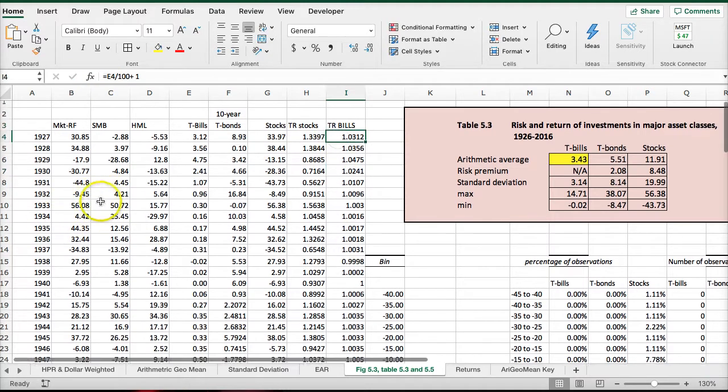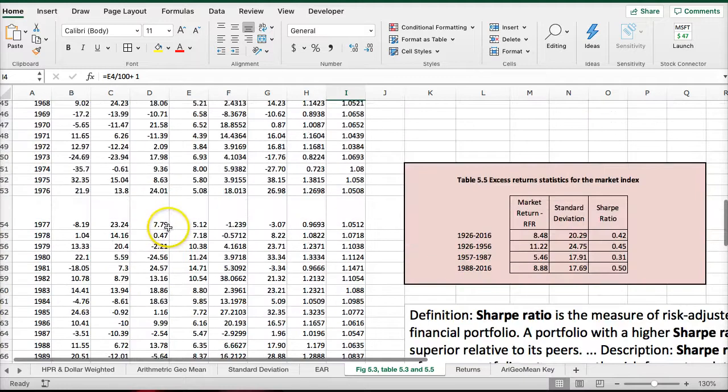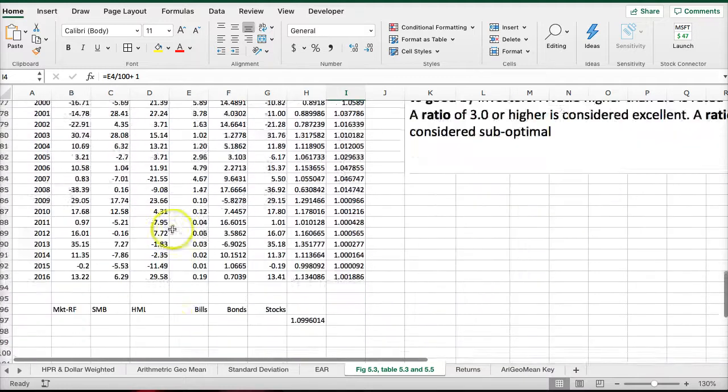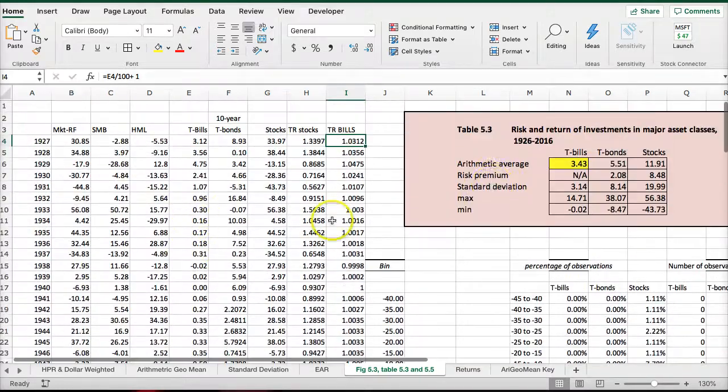Okay, so this is just data from a number of years in the past. And we're going to use this data to calculate the arithmetic mean. You can see that that's just the average of the T-bill column E. The bonds is the average of the bond column. And stocks is the average of the stock column.